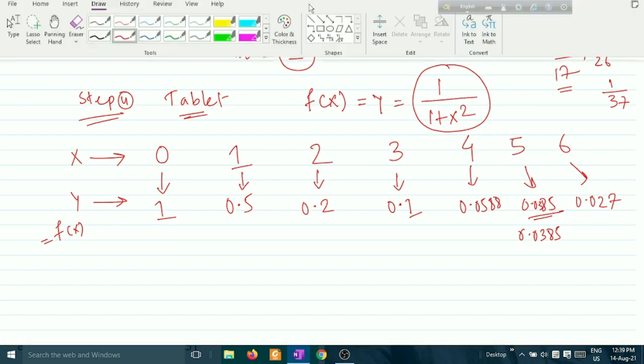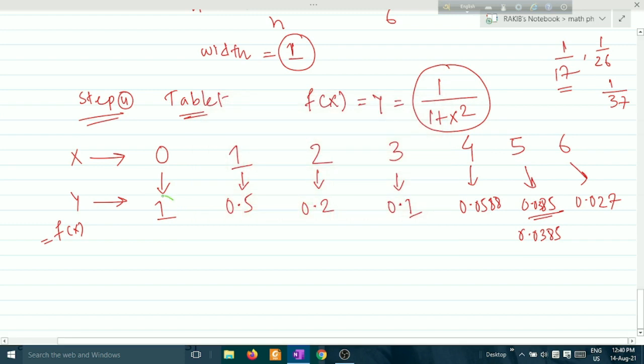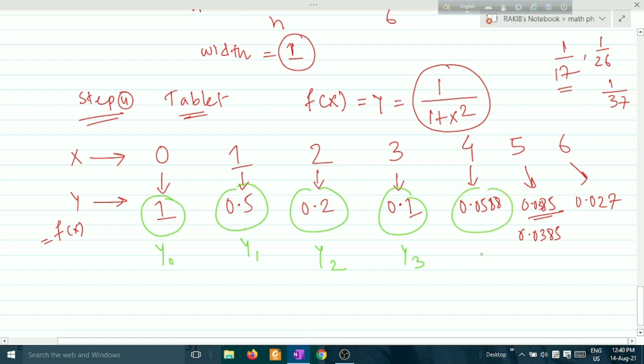I am clearing this thing out. This is the value y0, this is the value y1, this is y2, this is y3, this is y4, and this is y5, and this is y6.